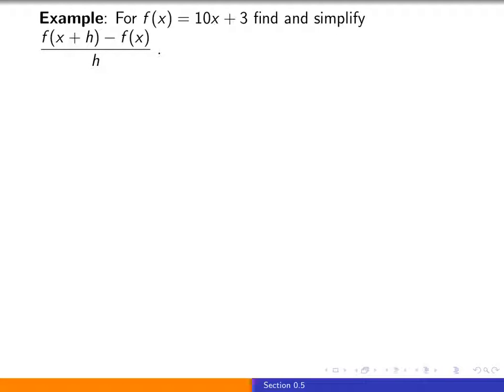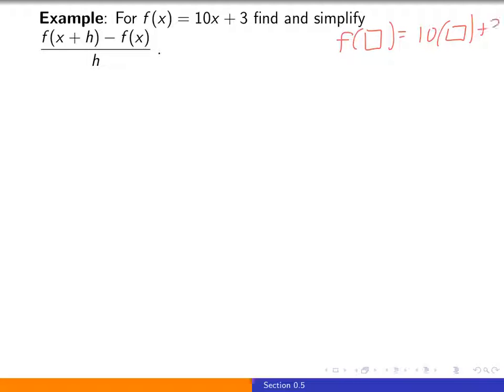So as I mentioned in the previous example, finding this thing that I called the difference quotient is going to be very important once we get to calculus. So let's go ahead and find it again for this function 10x plus 3. And let's just do this all at once. So recall I said my favorite way of thinking about a function when I have to do these evaluations is to replace the x with just a blank.